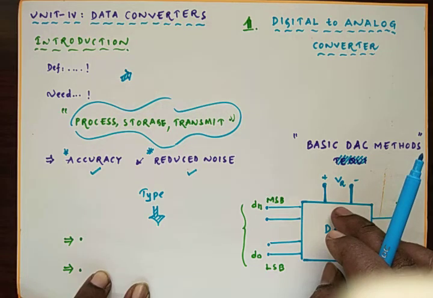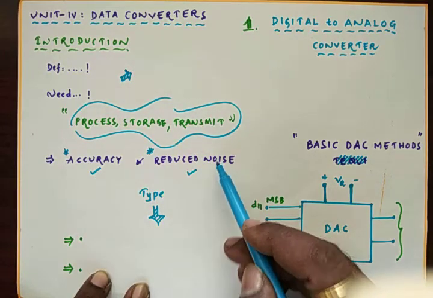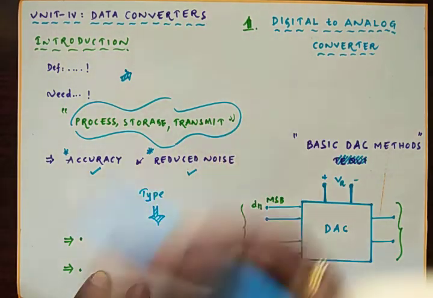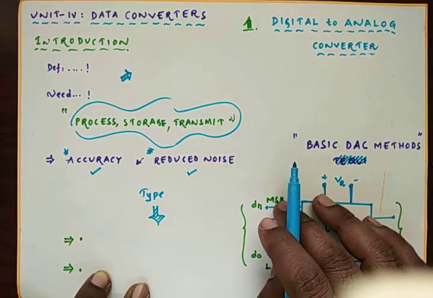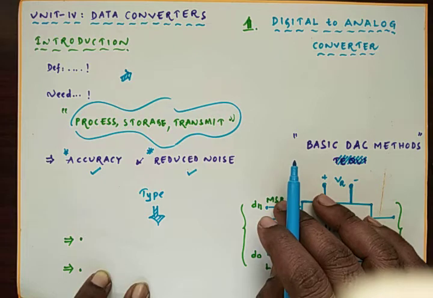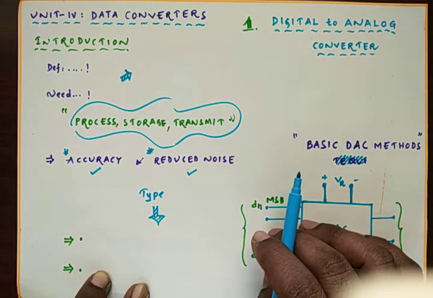Not only for accuracy and reduced noise, but also for ease of processing, transmission and storage, the analog form of data must be converted into digital form.